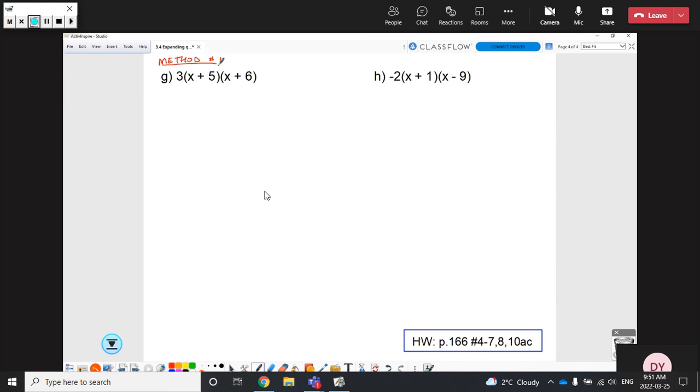The first thing you could do is, I'm going to rewrite this here, just because I can't reach up there. Look, it's 3 times x plus 5 times x plus 6, right? The 3 is multiplying by all of them.